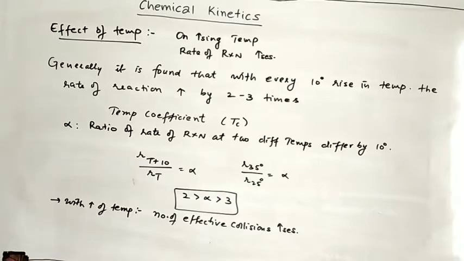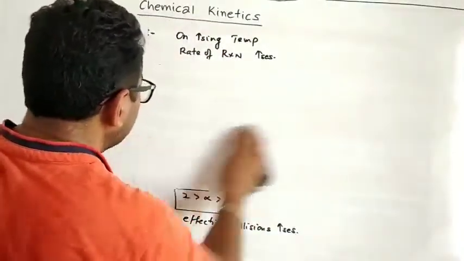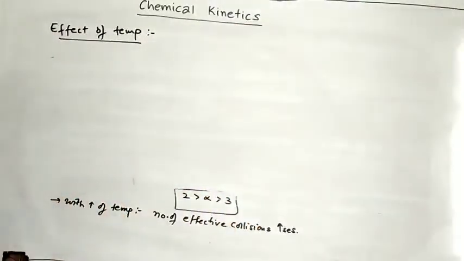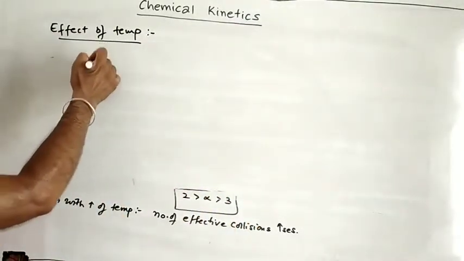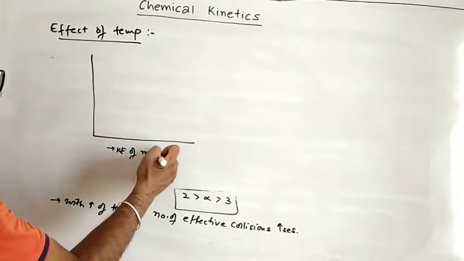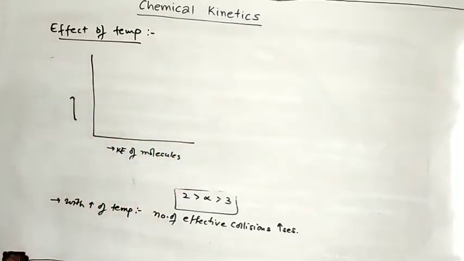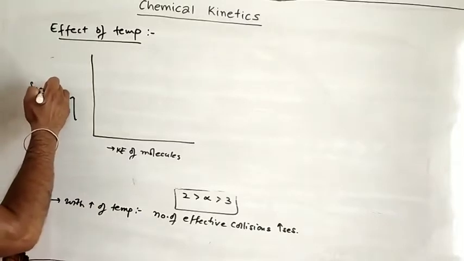मॉलिक्यूल को देखें तो इसको हम कर्व्स के बेस में ऐसे करके रिप्रेजेंट कर सकते हैं। देखिए जैसे ये है, इस साइड पे आप ले लीजिए kinetic energy of molecules और इस साइड पे हम लेंगे fraction of molecules having energy equal to or more than threshold energy.